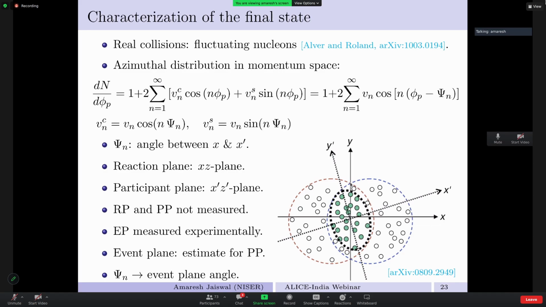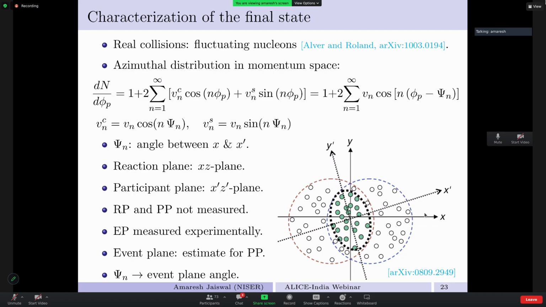For example, this thick black dotted line gives the elliptic anisotropy for the overlap zone, whose symmetry planes are defined by x prime and y prime. They do not coincide with x and y. The angle between x and x prime is what I would ideally consider psi_n to be, but I cannot measure it directly in experiments.